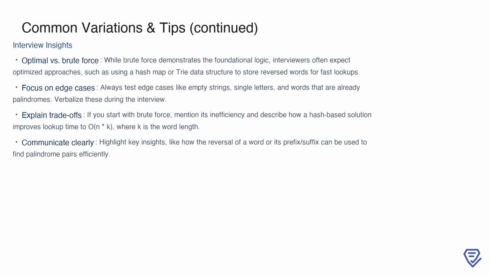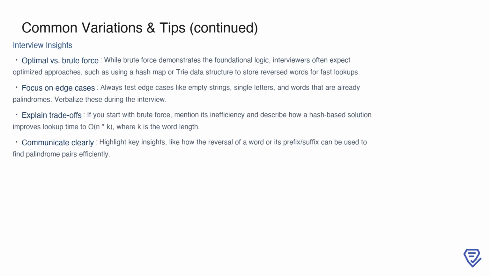Additionally, focusing on edge cases is crucial. Be sure to test scenarios like empty strings, single-character words, and words that are already palindromes, and explain your reasoning clearly during the interview. If you choose to begin with a brute force approach, make sure to discuss its inefficiencies and explain how a hash-based approach can improve lookup time to O(n * k), where k is the average word length. Finally, clear communication is key.